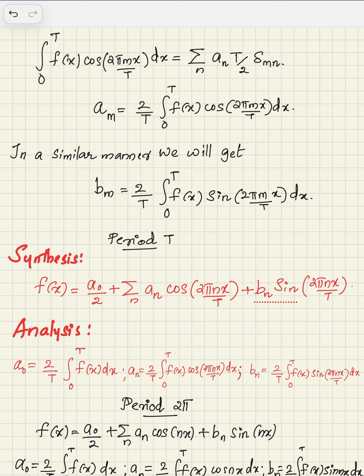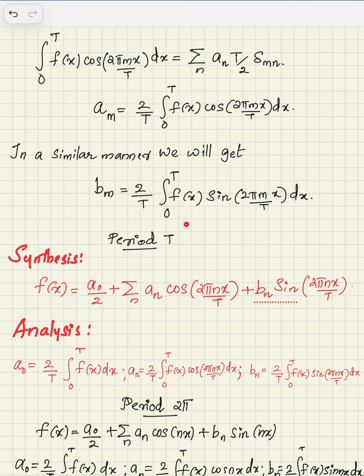Final answer is am equal to, this 2 will go to the other side, t also will go to the other side: 2 by t integral 0 to t f of x cos 2 pi mx by t dx. In a similar manner, by multiplying with the sine, you can write bm equal to 2 by t integral 0 to t f of x sin 2 pi mx by t dx.